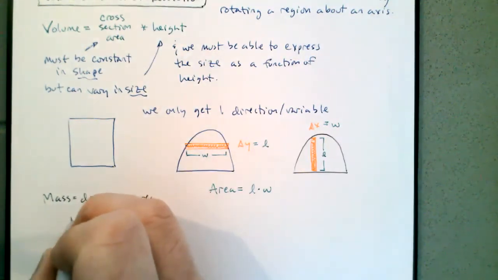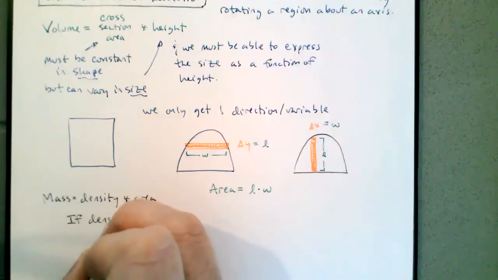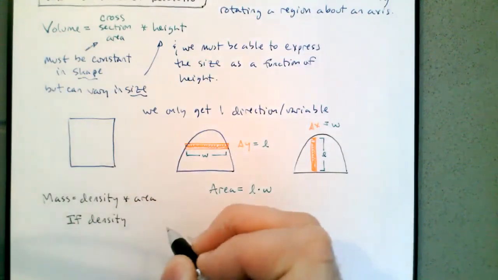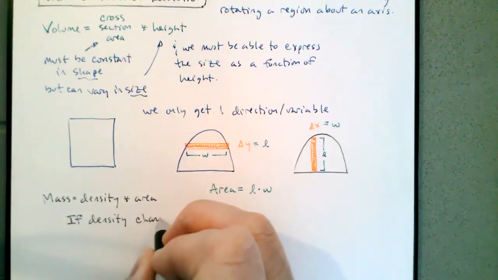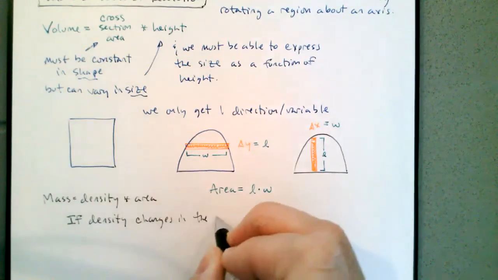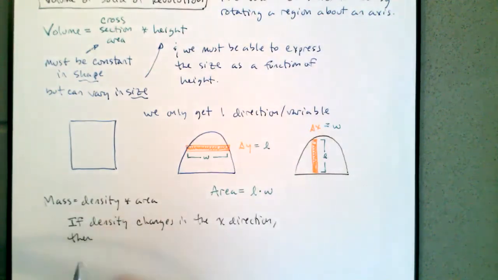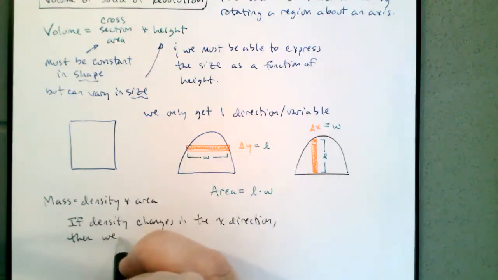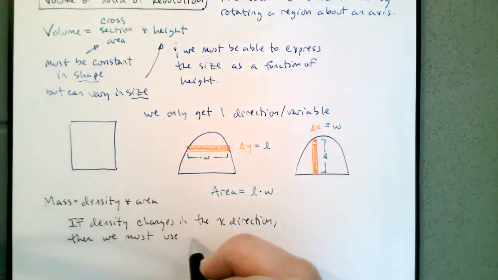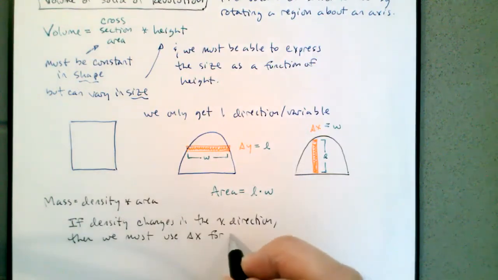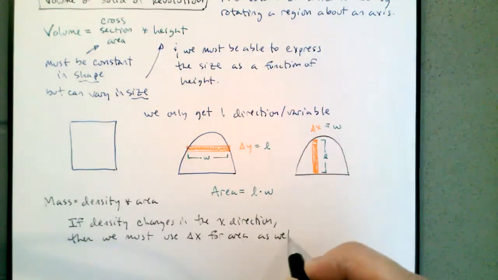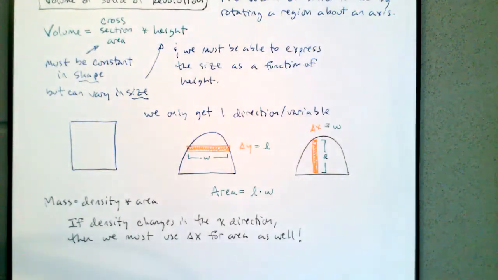So if density changes with x, then we have to choose the delta x for the area. Because we only get one variable, I can't vary the density in the x direction and the area in the y direction.